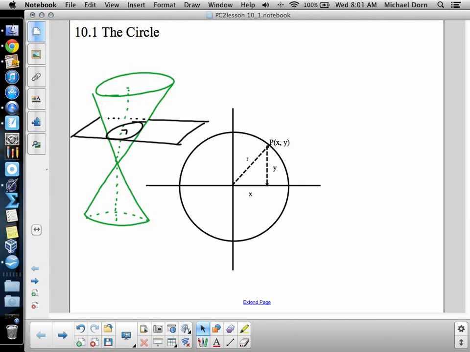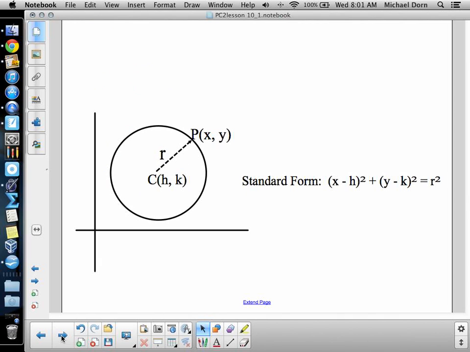We know that any point on a circle xy is a given radius from the center of the circle. The same stuff we've been dealing with for years with circles. The regular equation that we learned back in Algebra 1 and reinforced in geometry and learned again in Algebra 2, so this is the fourth consecutive year you're getting this equation.